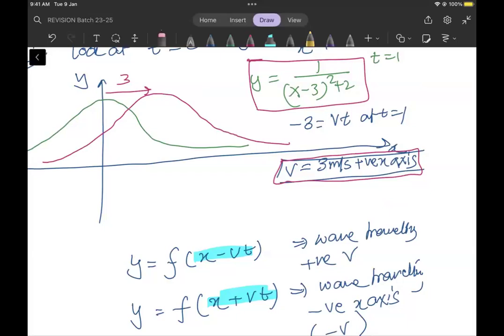The wave phenomena that we see are sinusoidal waves. The most common example of a non-sinusoidal wave I can give you is when an earthquake comes, when there is a seismic event which occurs in the crust of the earth.